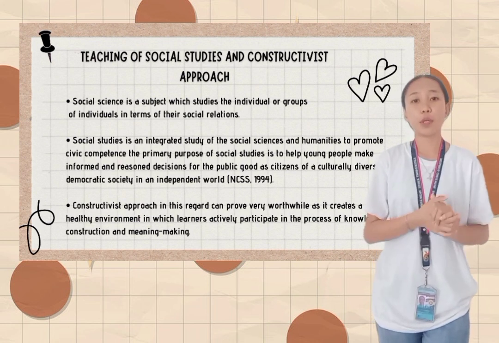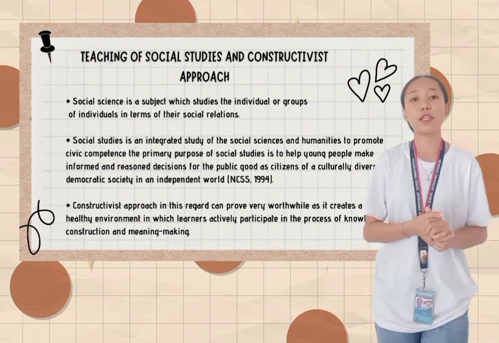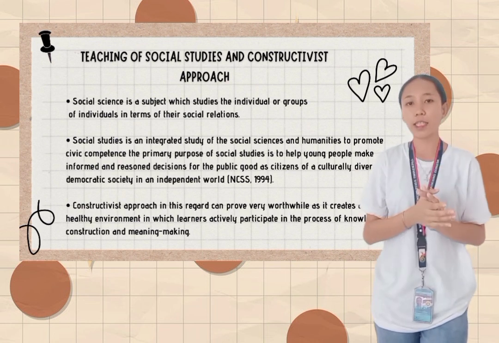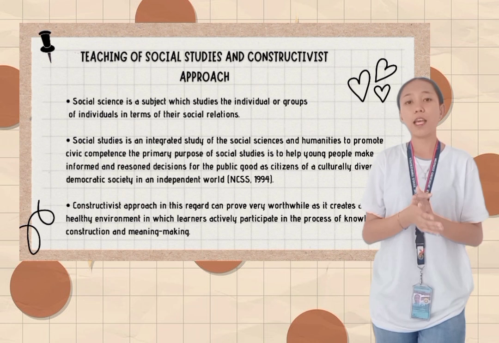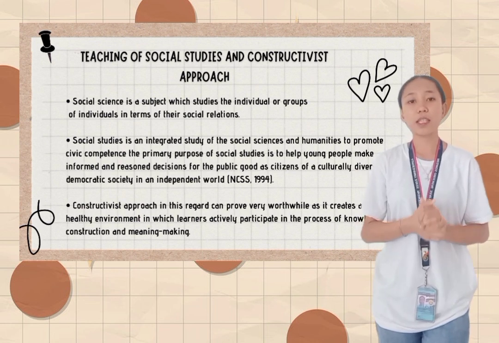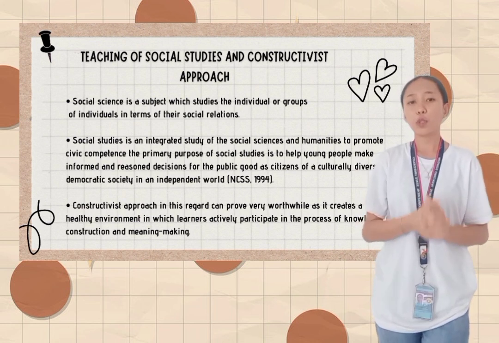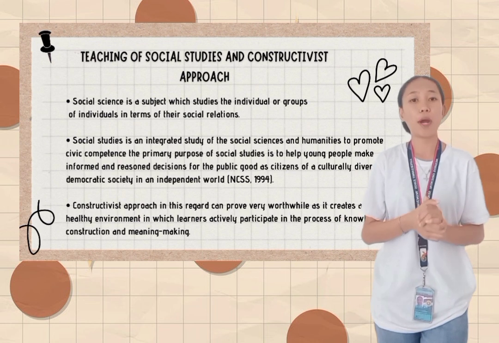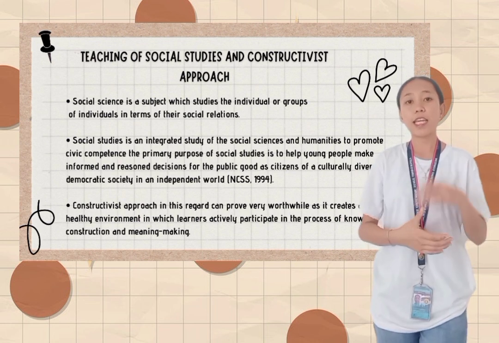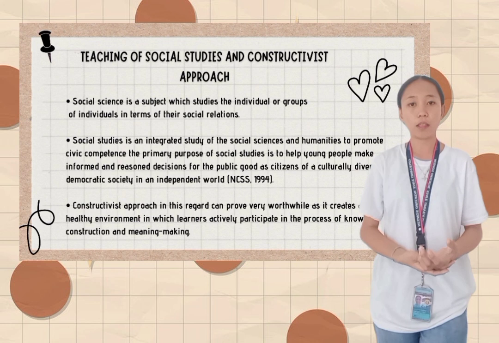The National Curriculum Framework of 2005, in relation to the teaching of social studies, stated that social science teaching needs to be revitalized towards helping the learners acquire knowledge and skills in an interactive environment.